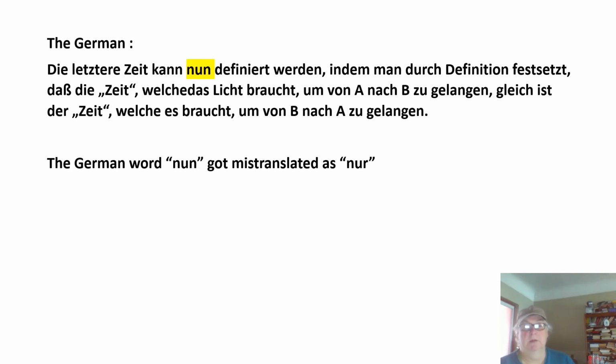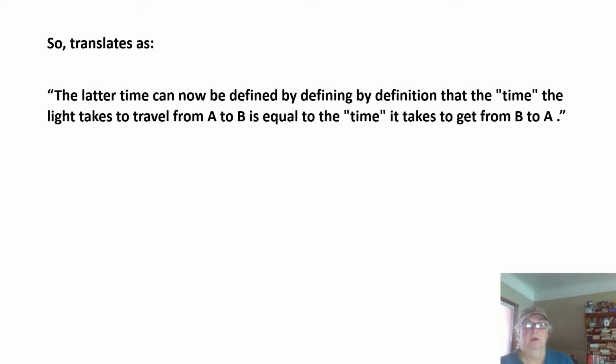In the German, the word nun, N-U-N, has been mistranslated as nur in the usual English translation. So it translates as: the latter time can now be defined by definition, the time the light takes to travel from A to B is equal to the time it takes to get from B to A.